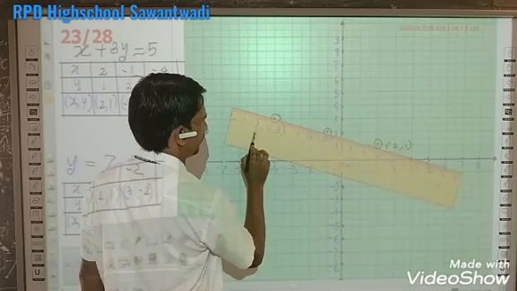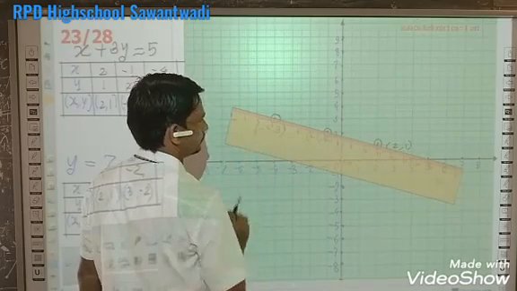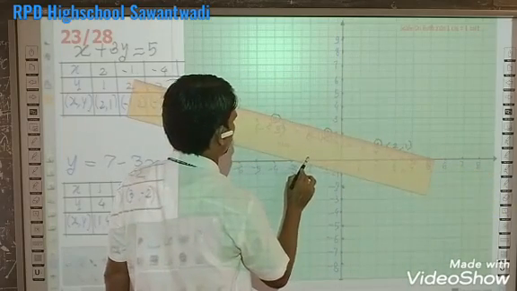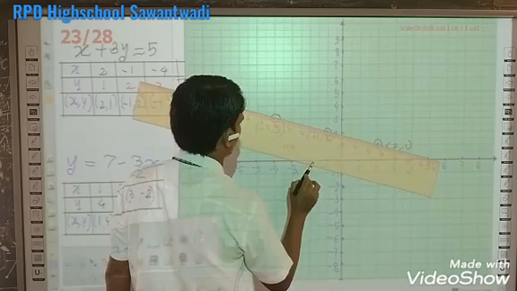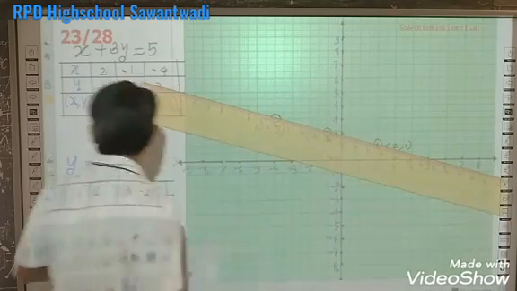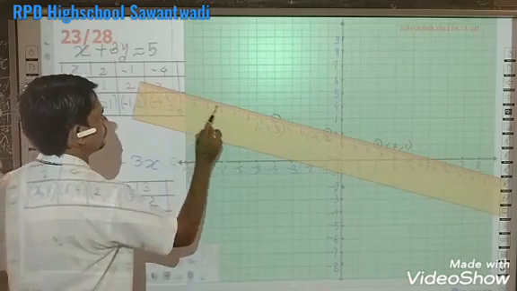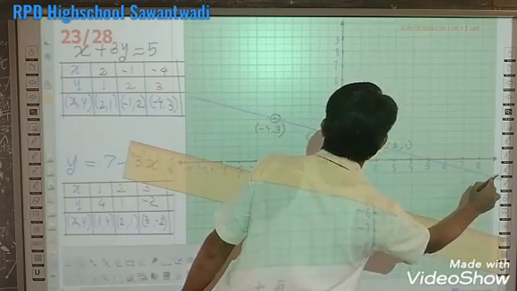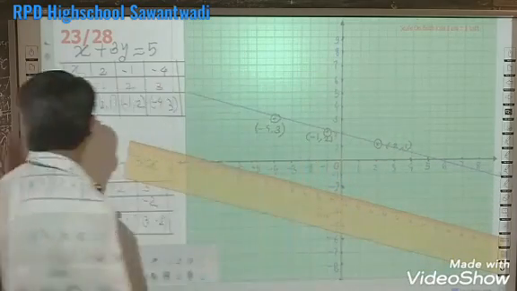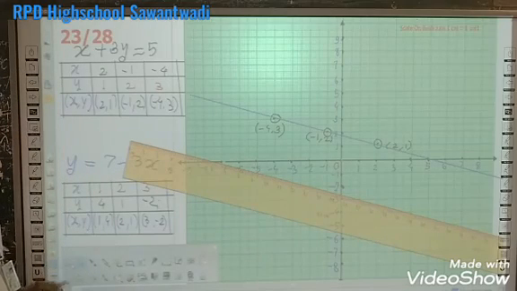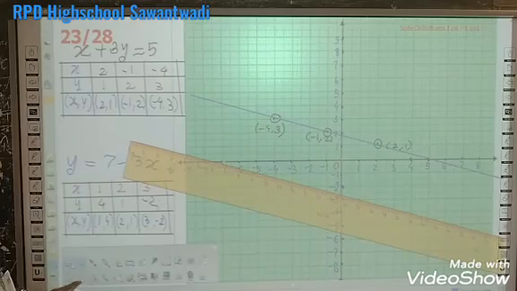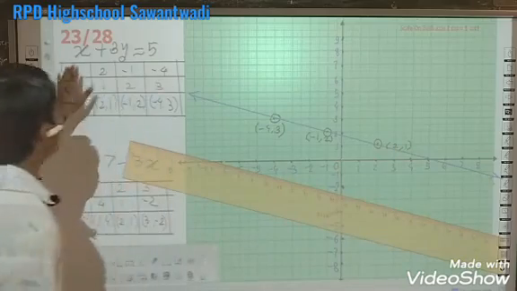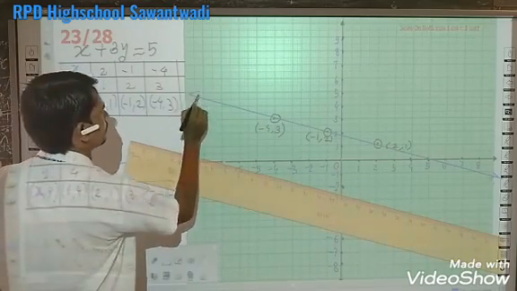Get the scale match perfectly with this. Okay, what we'll do? So we'll put here. This is nothing but equation x plus 3y is equal to 5.